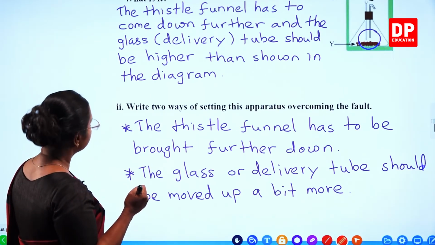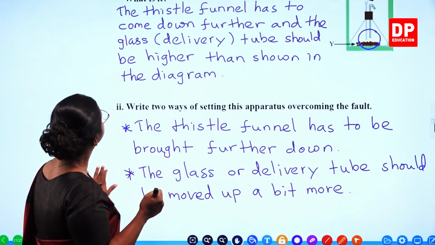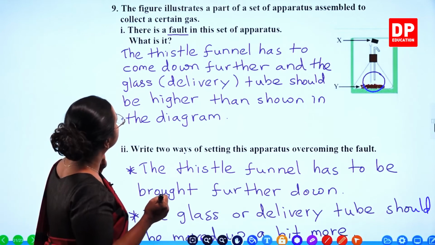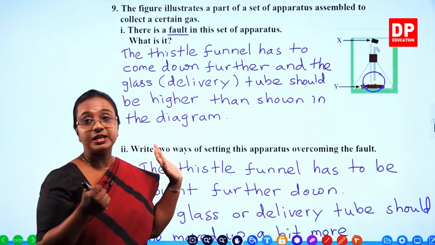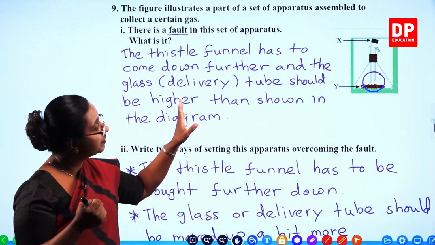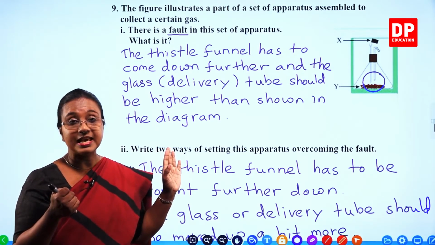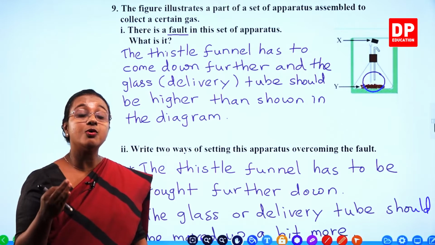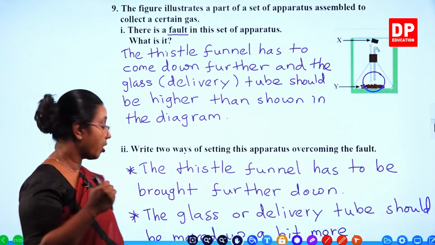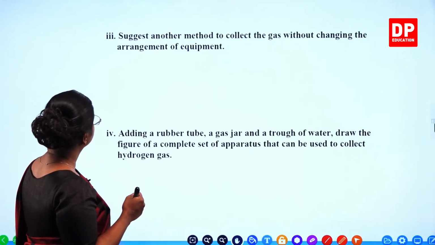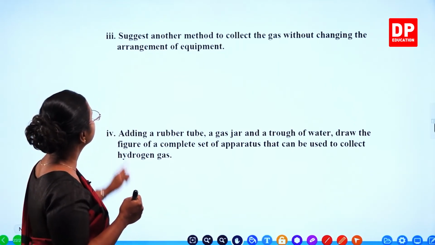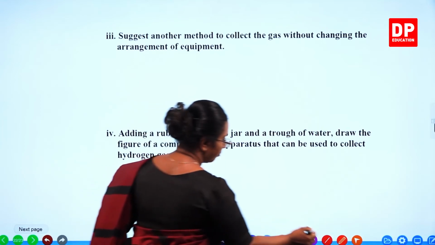And if you look at the question also, students, they haven't mentioned the method that is used to collect the gas, but from the diagram, you all can understand that we use it to collect the gases using the downward displacement of water. So the other method, suggest another method to collect the gas without changing the arrangement of the equipment.